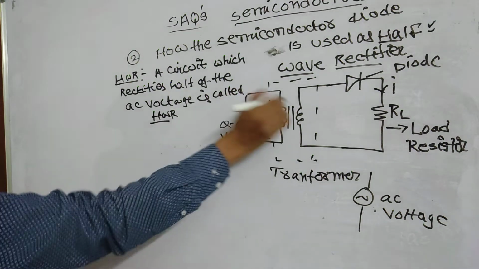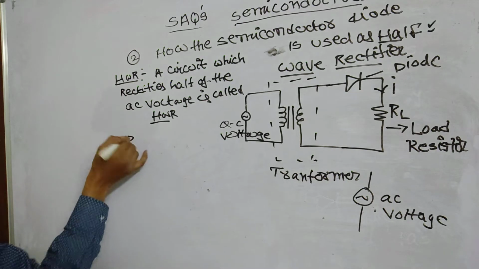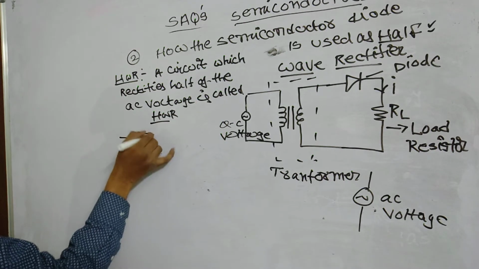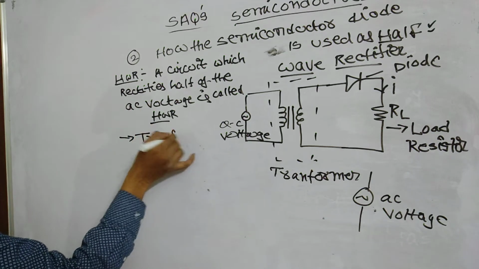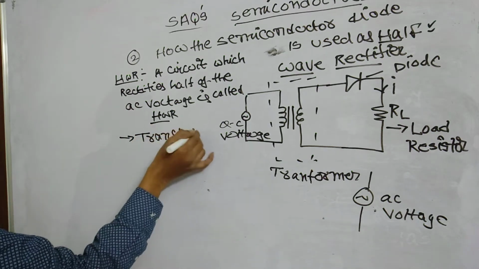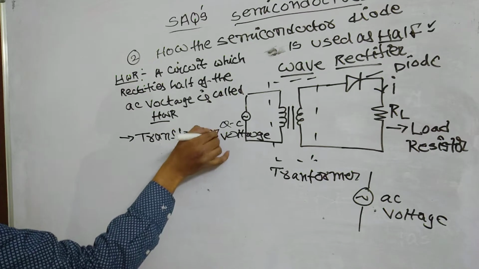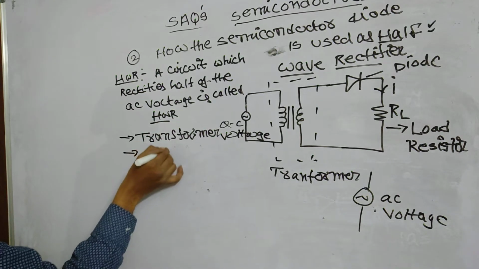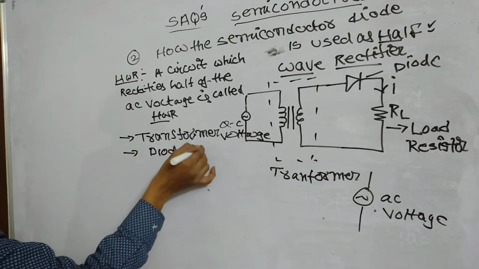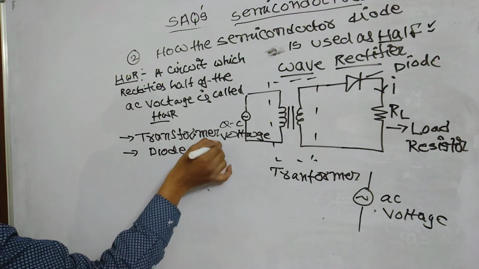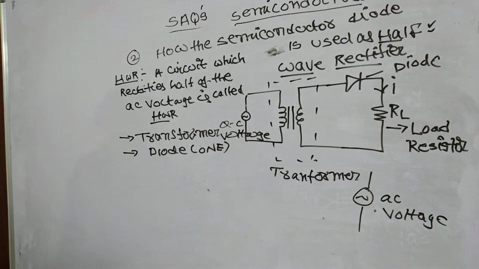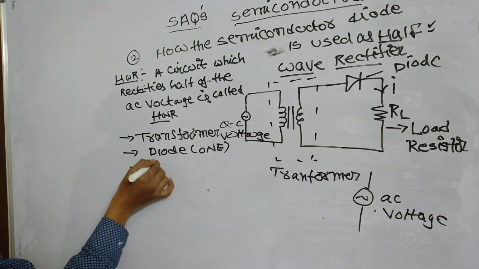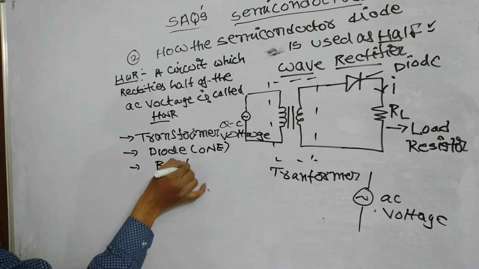Come to the diagram now. I describe it in a simple way. What are the requirements? One transformer is required. Second, one diode is required, because you mention clearly one, since you are comparing later with another application of the diode. Only one diode is required. Third is the load resistor, called RL.